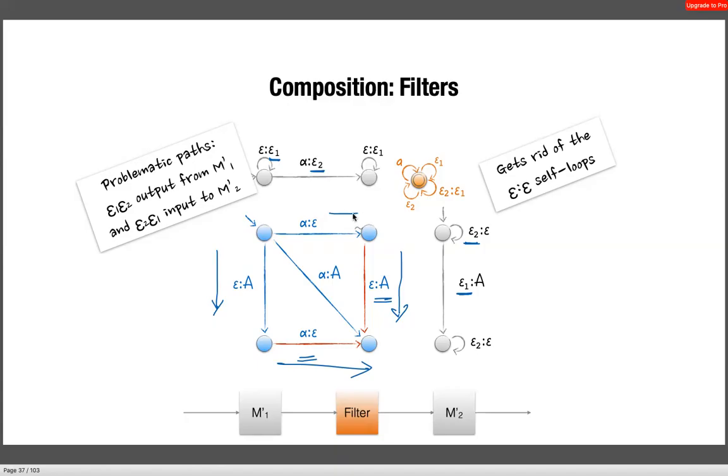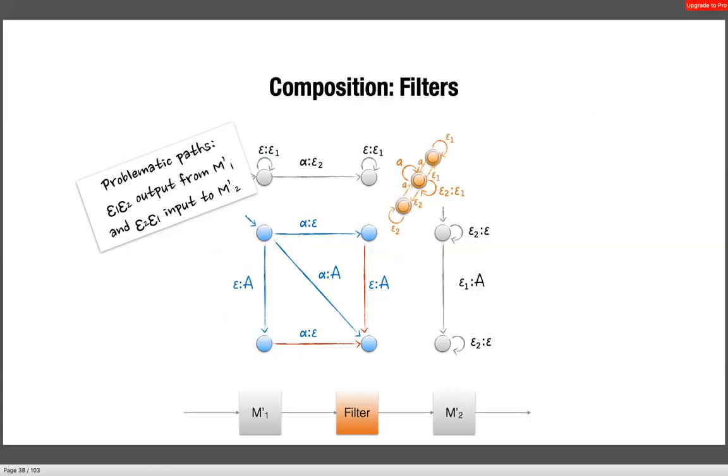So I want to avoid these problematic paths. How do I go about this? I'm going to design my filter such that I prevent either of the two FSTs, M1 prime or M2 prime, from making what I'm calling these implicit moves, those self transitions followed by a real move.